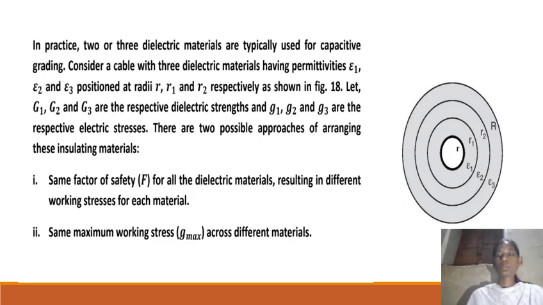There are two possible purposes of arranging these insulating materials. Same factor of safety for all the dielectric materials, resulting in different working stresses for each material. Or same maximum working stress across different materials.